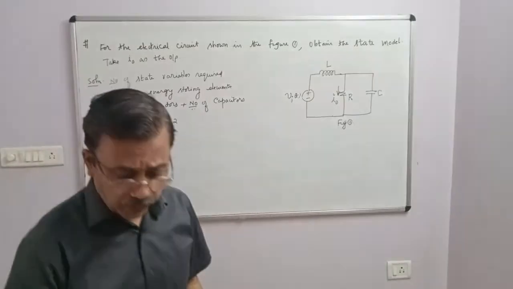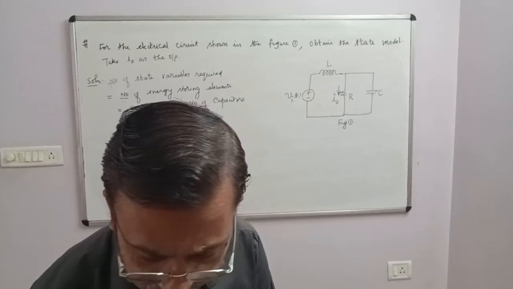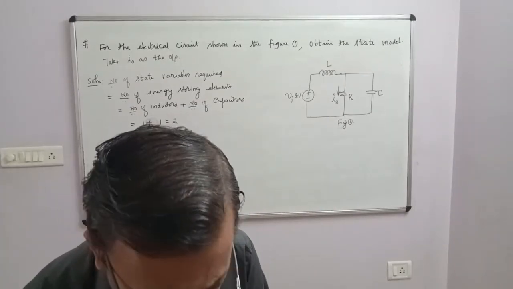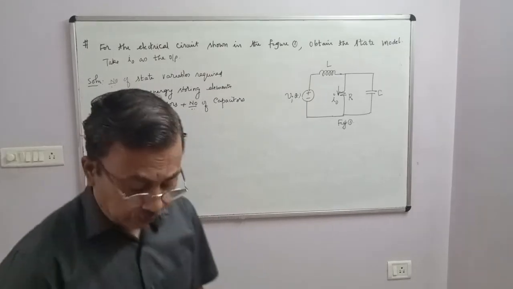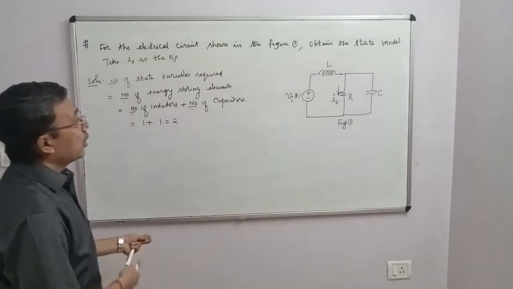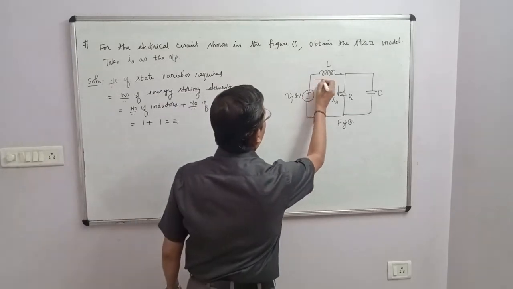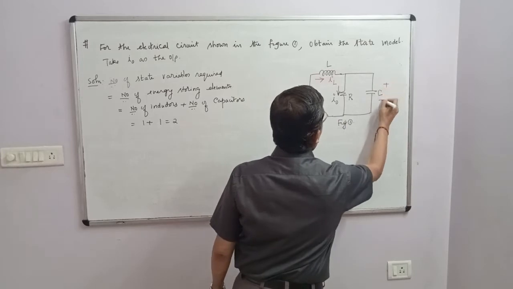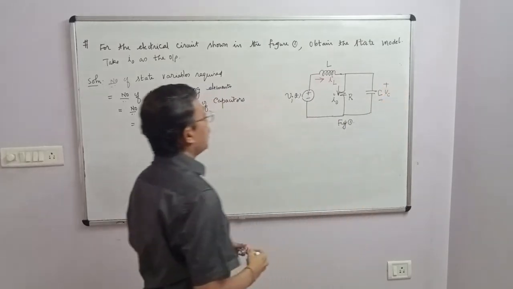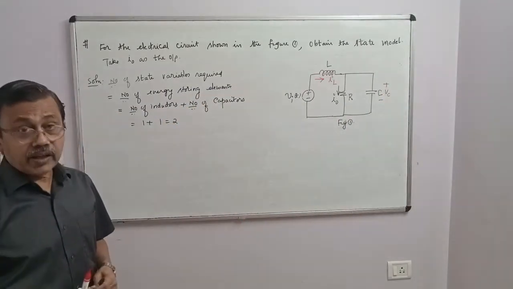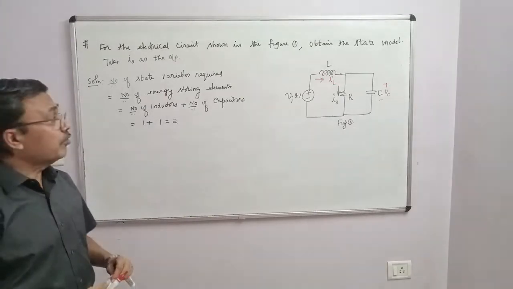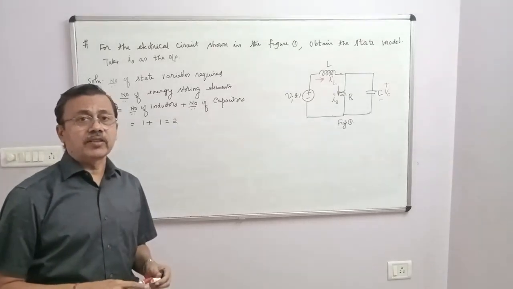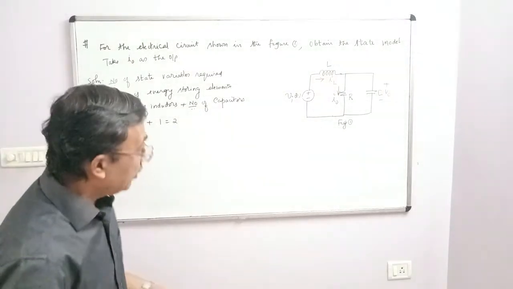Next question is, which are the state variables? Normally the current through the inductor and the voltage across the capacitor are taken as state variables. Normally we take the voltages across the capacitors and the currents through the inductors as state variables.